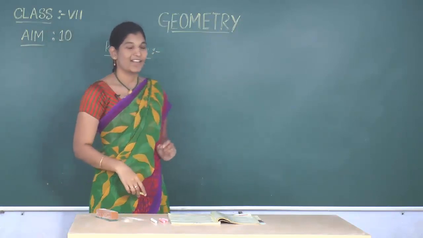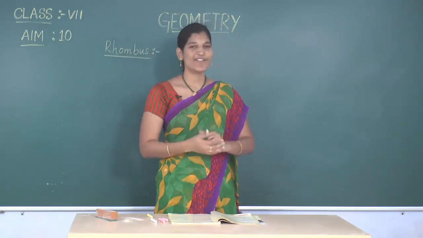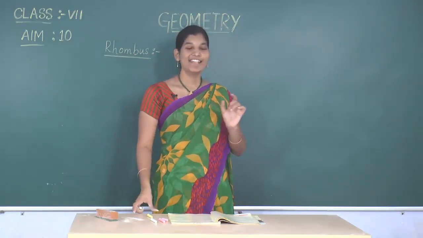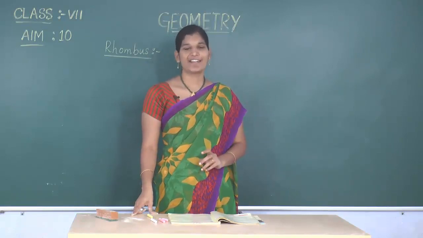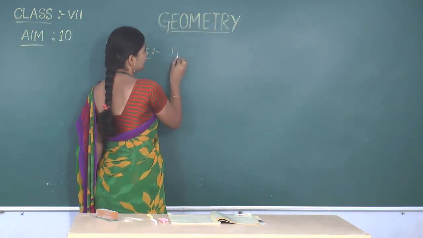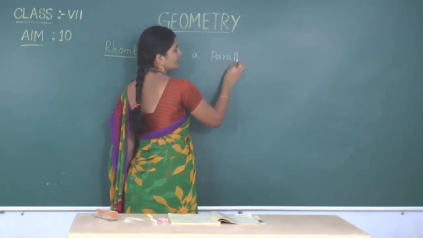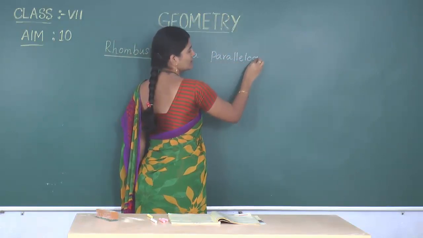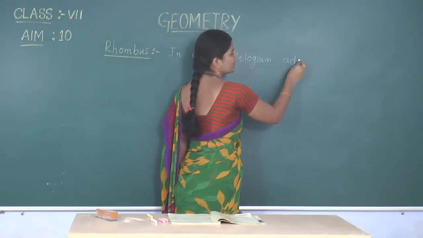Rhombus. What is a rhombus? How can a rhombus form? In a parallelogram, adjacent sides are equal.